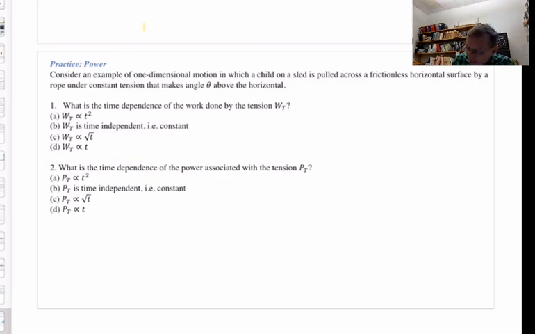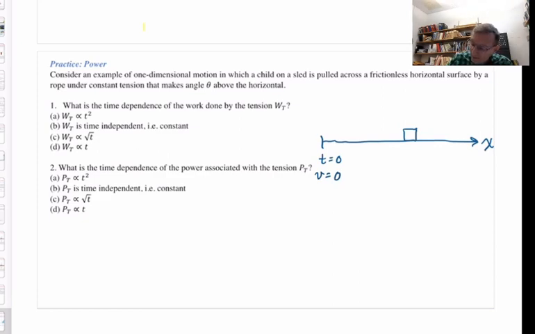Let's draw a sketch. That's the horizontal ground. That's an x-axis. The child starts, let's say, there at time 0, presumably with a velocity of 0, and is being pulled along. There's the child on the sled by the rope under tension.